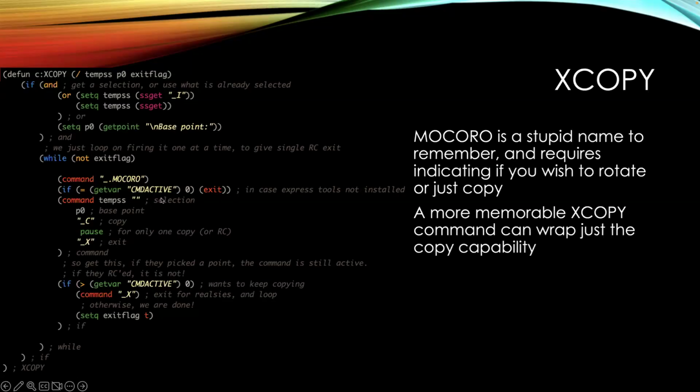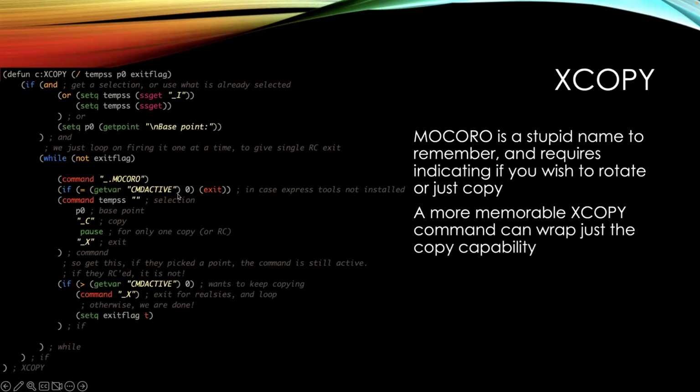And then I immediately go, wait a minute, is the command active? If it's 0, if the command is not active, that means one and only one thing: that this MOCORO command, even though it was prefixed with the English internal version, failed. And that would simply mean that Express Tools is not installed.